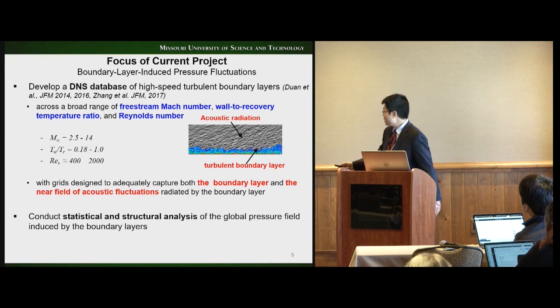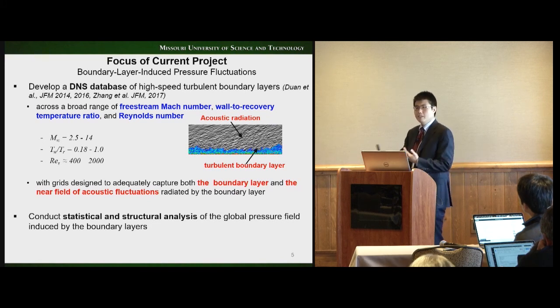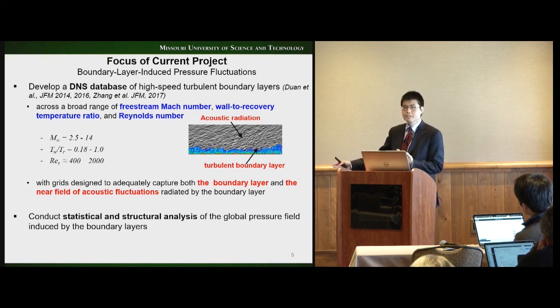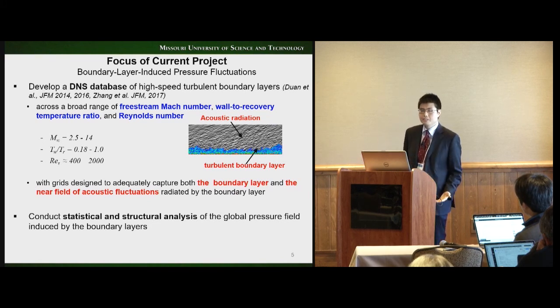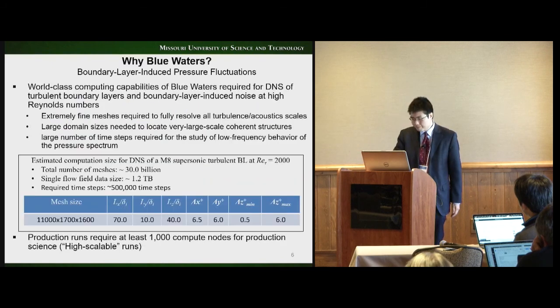Also, this flow is a broadband signal, so we have to run the simulation for a long time to get the information of the large scales or low frequencies. And we want a small mesh size to resolve the high frequency components. This makes the simulation quite expensive.